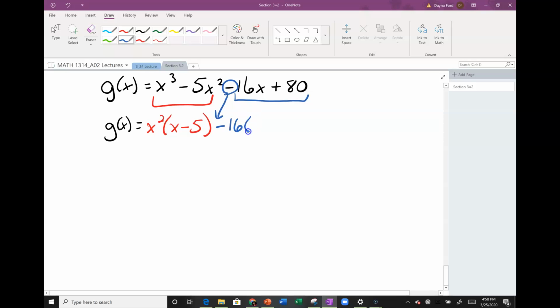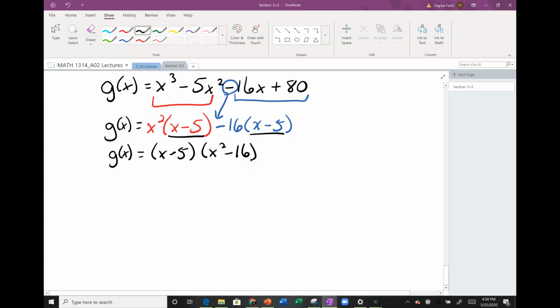So I'm going to take a -16 out, which will leave me with an x. Positive 80 divided by a -16 will leave me with a -5. I am then going to see if my parentheses are the same, which they are. So I get x minus 5 times x squared minus 16.